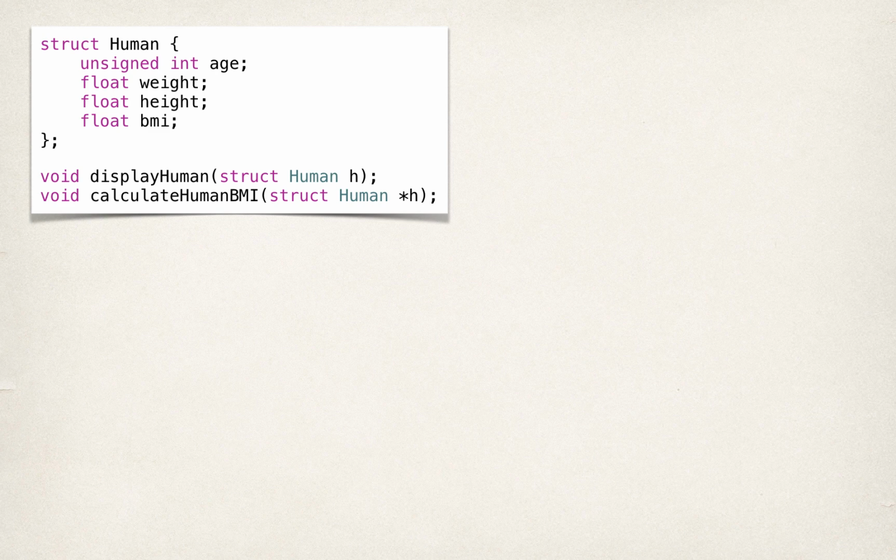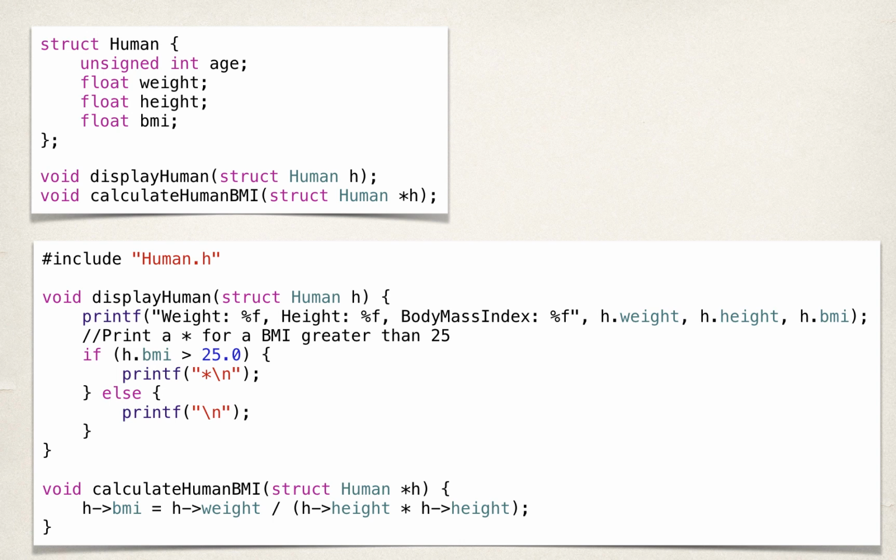So notice they take a structure as a parameter. This one takes one by value, this one takes one by reference. So let's look at the concrete implementation of those. And I've used a by reference and structure on purpose. Now, notice that we need always access to the particular instance of a structure that we're talking about.